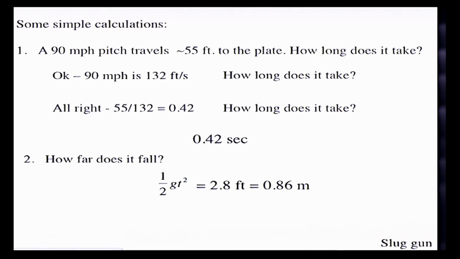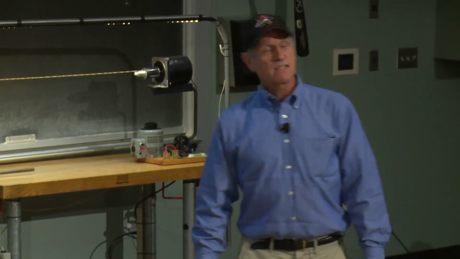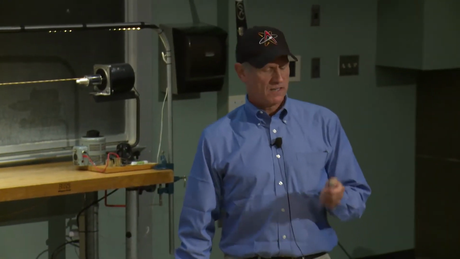You square the time and you get 2.8 feet, or about 86 centimeters. So meters is about right. If it's just gravity and it's 90 miles per hour all the way through, that's where we start. So we have an idea: 0.4 of a second, about a meter it dropped. But that's pretty simple. We already know that.